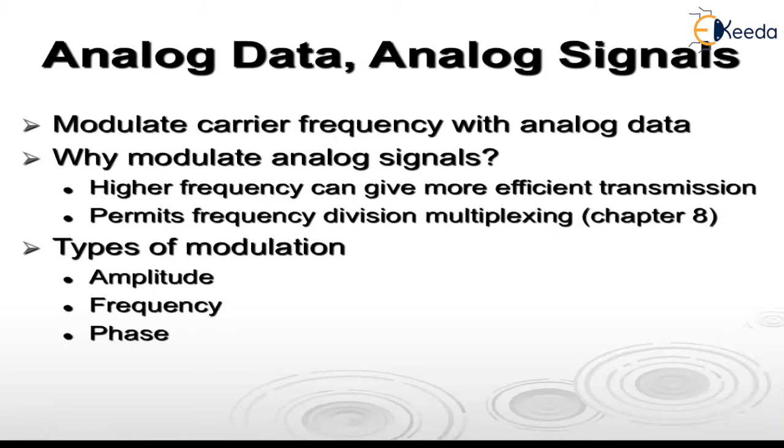There are two principal reasons for analog modulation of analog signals. A higher frequency can be used for effective transmission, since for unguided transmission it is virtually impossible to transmit baseband signals. And modulation permits frequency division multiplexing.